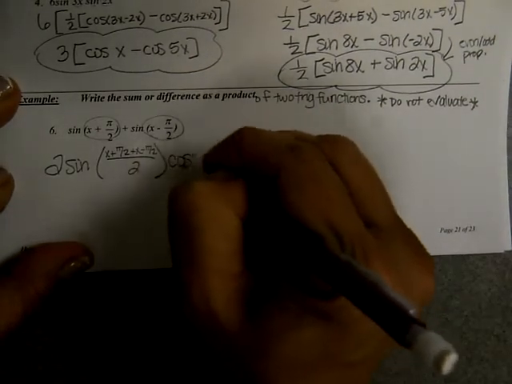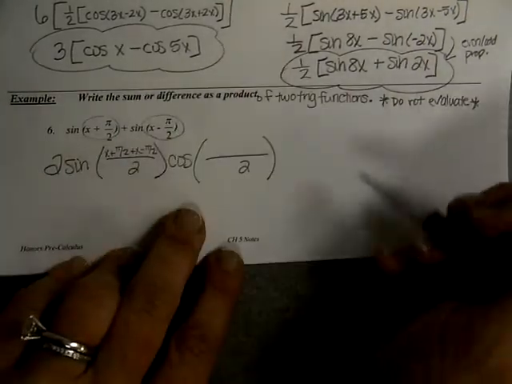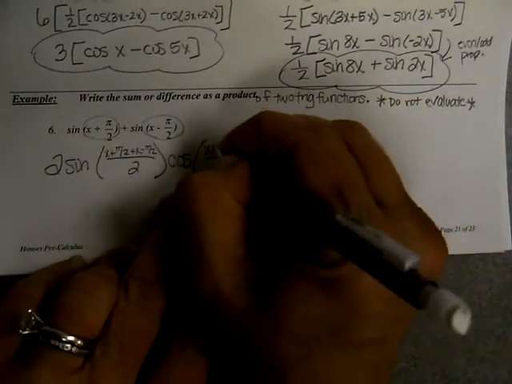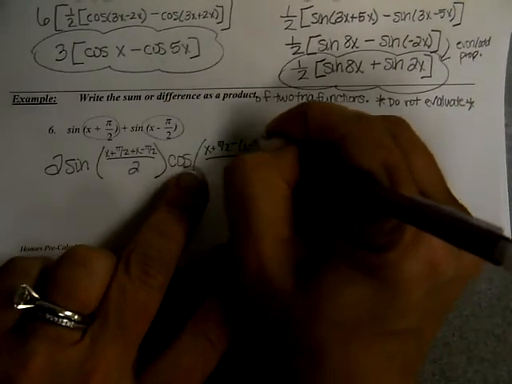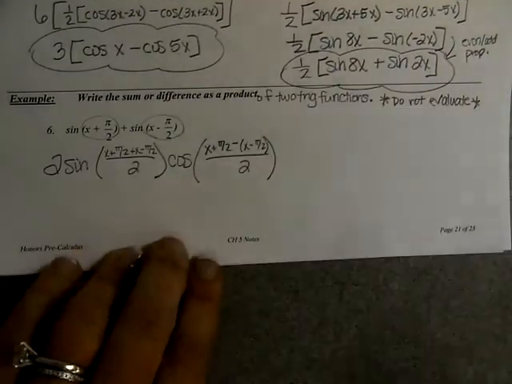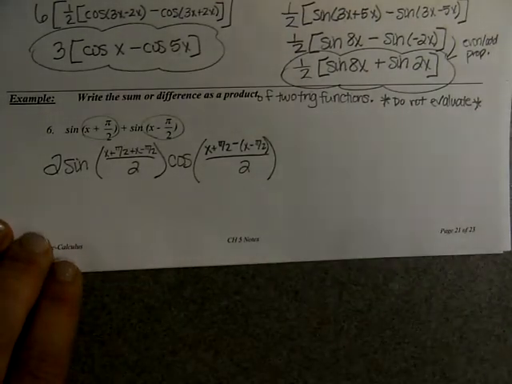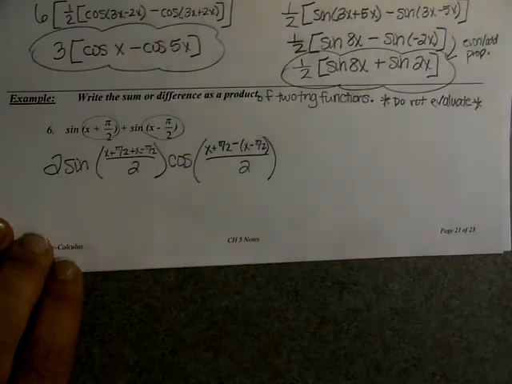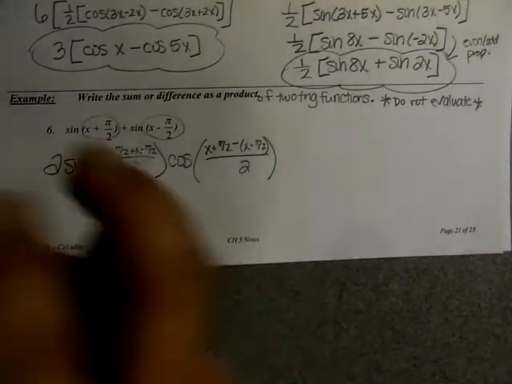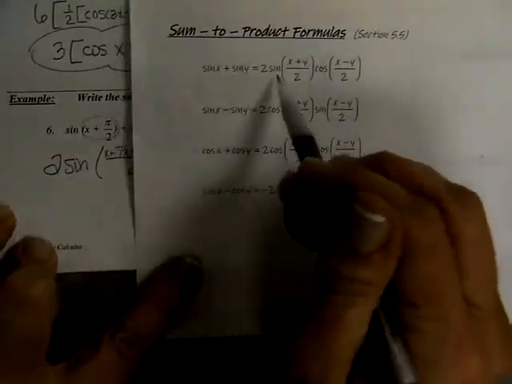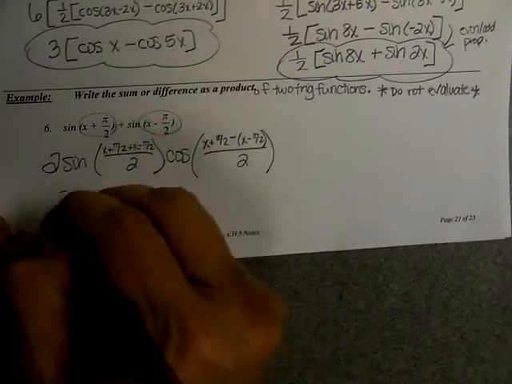And then we have the cosine of the difference of these two all over 2. So we'd have x plus pi over 2 minus that x minus pi over 2 over 2. So that's using that formula. It's like a lot of extra addition than it looks like, just because the x and the y that were in the formula were really already sums in this problem. Okay, so let's clean this up.